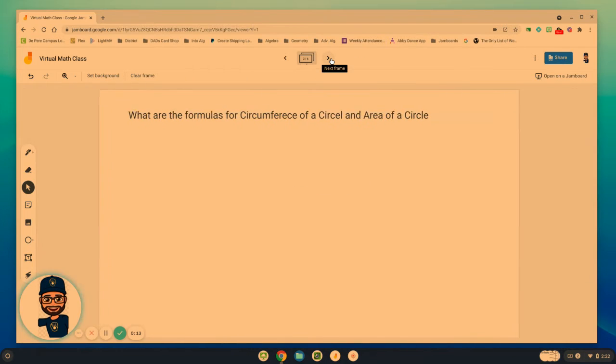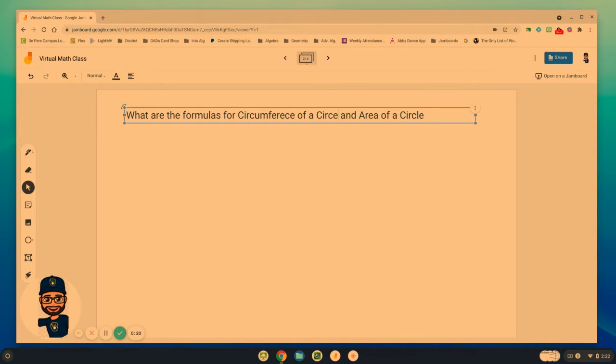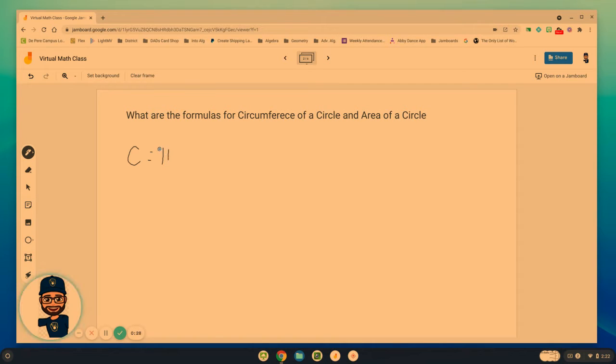In order to help us, we really need to remember the formulas for circumference of a circle and area of a circle. Circumference had two formulas. We could do pi times the diameter of the circle, or we could say that circumference was equal to 2 times pi times the radius of the circle.